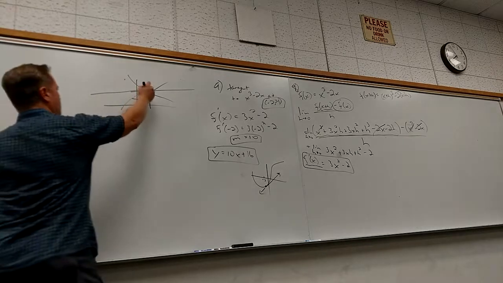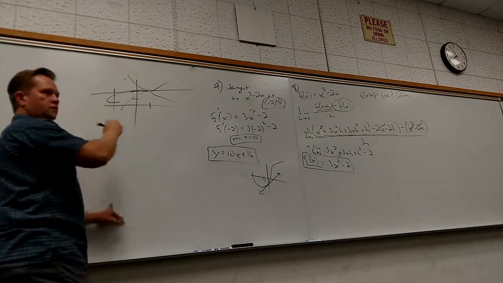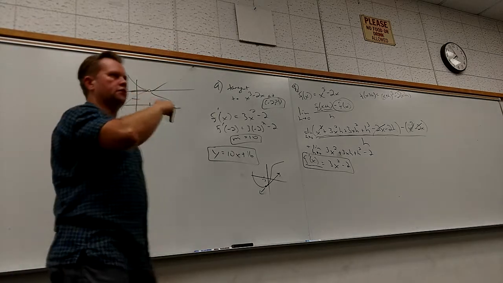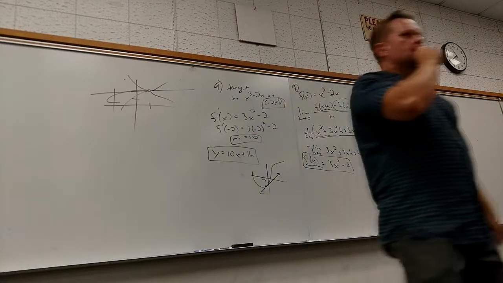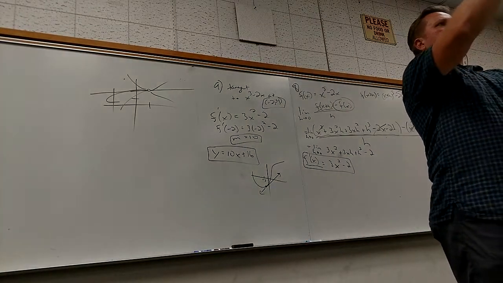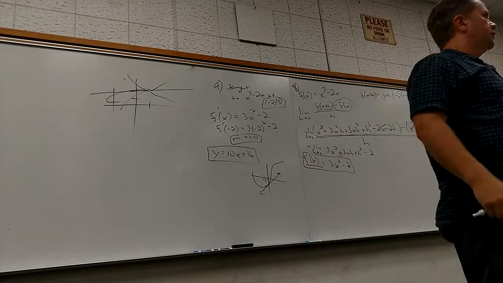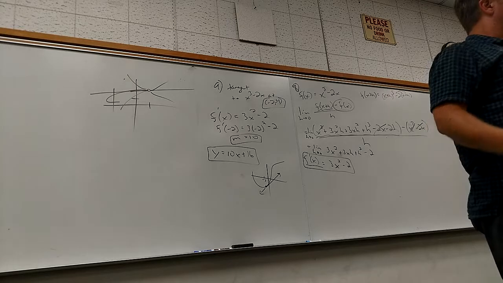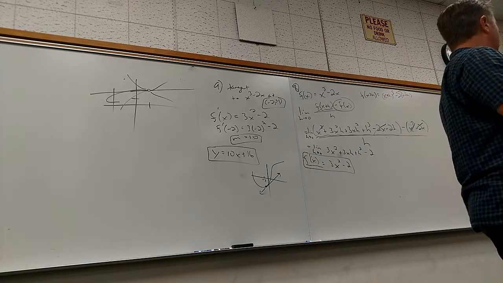Just please, whatever you do, make it a function. I get people that draw something that's not a function, and you're going to lose points. So if you want to be really careful, you just always make a straight line limit. Very boring, but it's still an option. Is that enough? Is that cool?